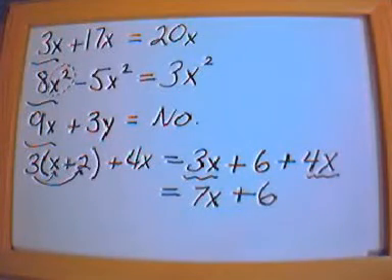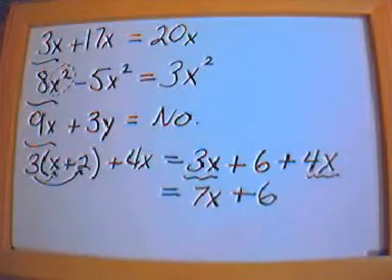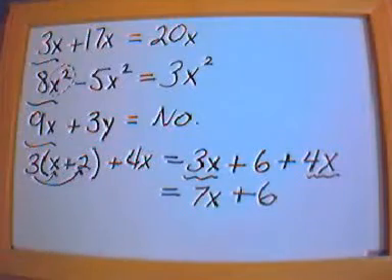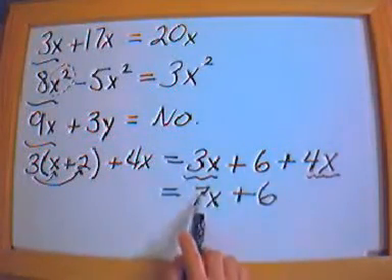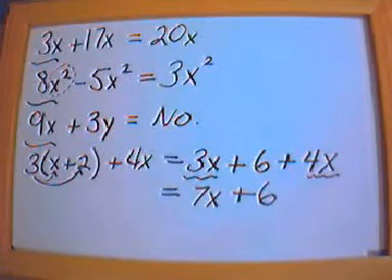I didn't do anything with it at all, so I have plus 6, and that is the answer. So this whole mess over here simplifies to 7x plus 6, and all we did was distribute the 3 in and then look for like terms. This looks similar to the earlier example because we have x's. I add the coefficients, I keep the x, and then the 6 is just left over. You really can't do anything with it.